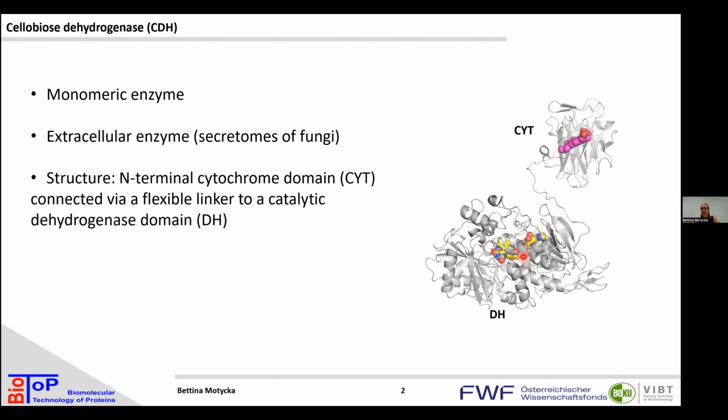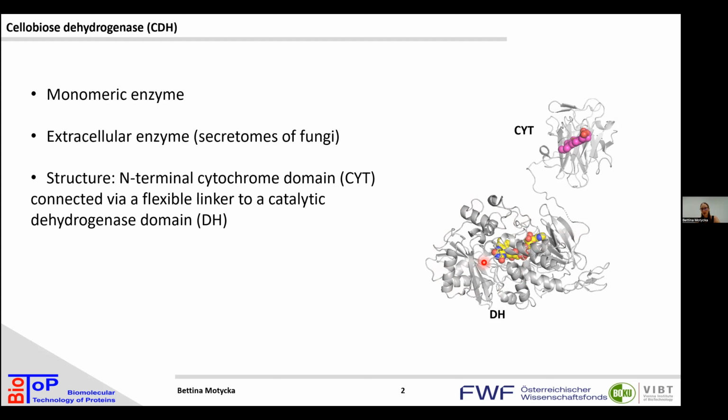Those 2 cofactors are required for this enzyme to fulfill its function as an electron shuttle, because the electrons are generated here at the DH domain, where FAD is reduced to FADH2.